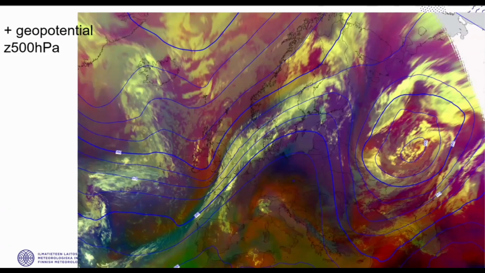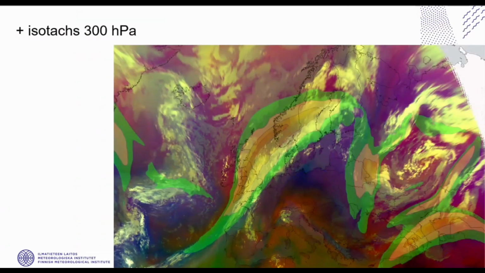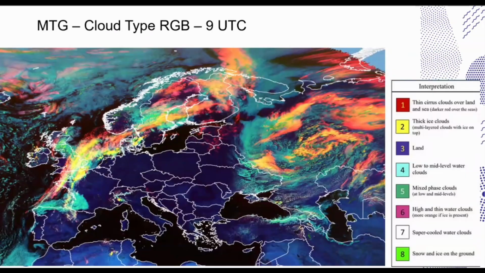Again, see the trough in the west, and then we have the ridge over a large part of Europe, and then the upper level low in west of Russia. And also the same for the isotachs. So now we at least have some kind of overview of what the big flows in Europe are right now.